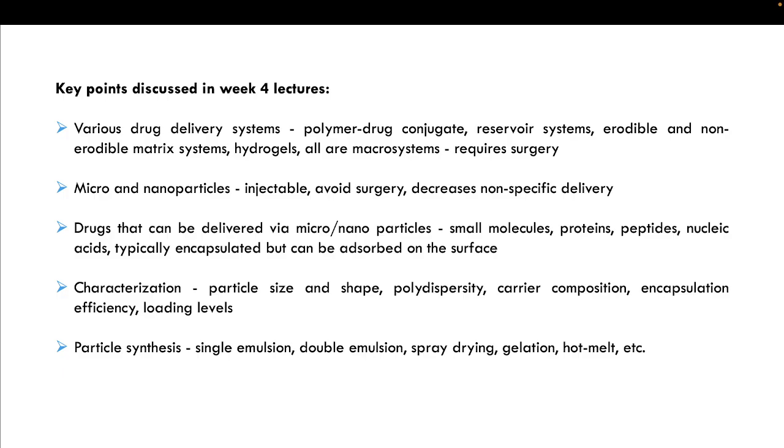So you have your drug that gets encapsulated into this polymer, and when it goes through this drying chamber, the solvent will evaporate and you will eventually get dried particles. That is one method to make micro or nanoparticles. Spray drying will usually give you a little bigger microparticles. Then you have other methods such as gelation, hot melt, etc. You can read about the details of these methods in the lectures itself.